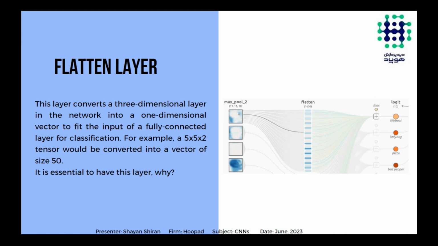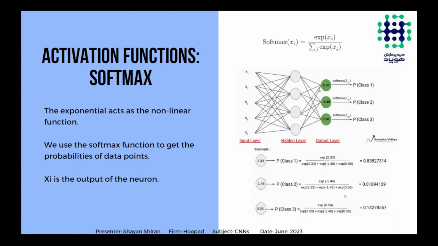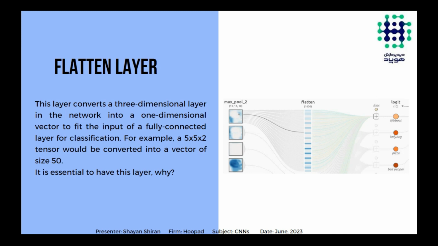And one of the next layers is the flatten layer. This layer converts a three-dimensional layer in the network into a one-dimensional layer. Having a flattened layer is necessary because we want to specify which class, which type of class we have.